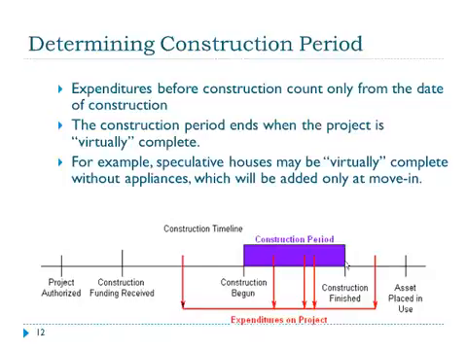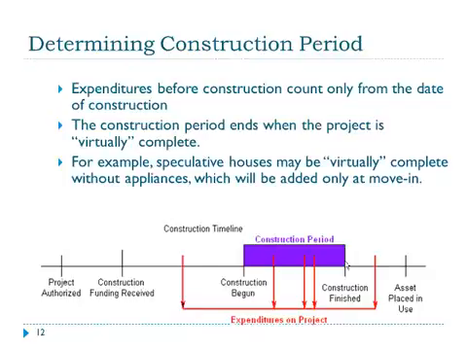What do we use as the principal, or the amount that's going to stand in for principal in allocating this interest? First of all, expenditures count only from the time that construction has begun. If we have expenditures before construction, they're going to start to count only when construction begins. The construction period ends when the project is virtually complete.